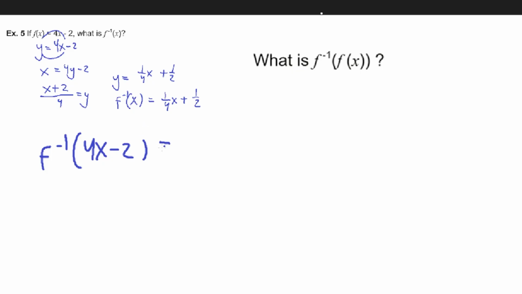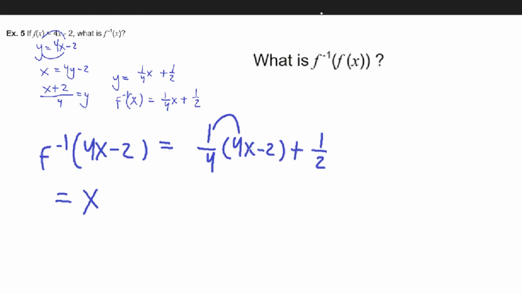So that's going to be equal to 1 over 4, and instead of x, we take this, 4x minus 2, plus 1 over 2. Okay, so let's keep going. 1 over 4 times 4 is 1, so that's just going to become x. 1 over 4 times negative 2 is negative 1 half. And we're left with these canceling out, leaving us with just x.